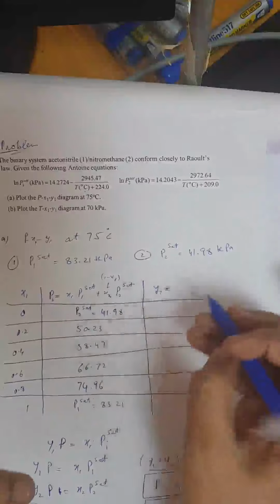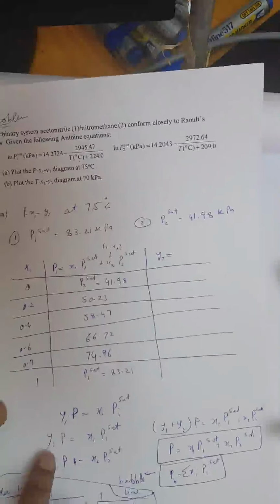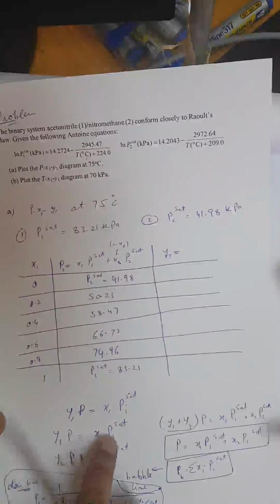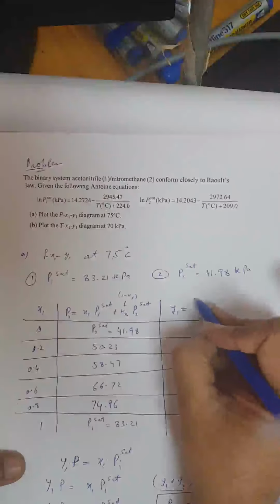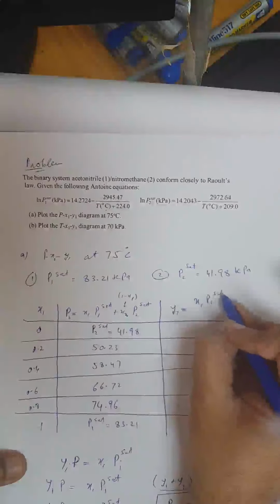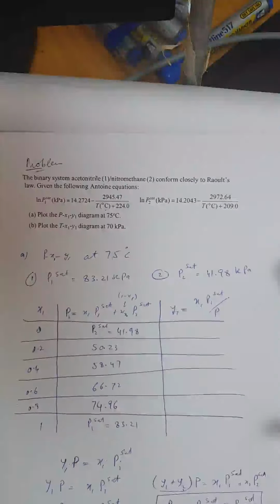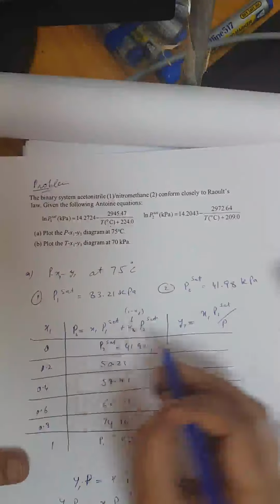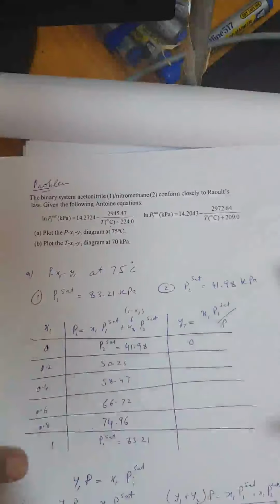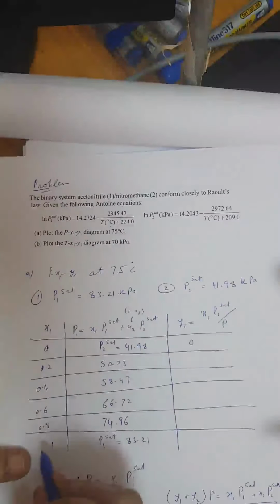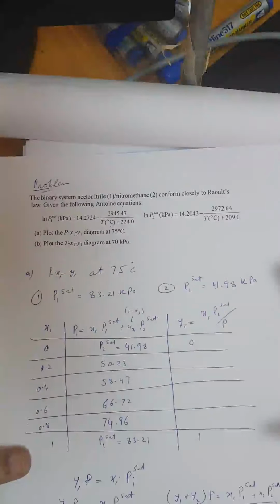Then y1. You already know the basic relation, y1 P equal to x1 P1 set. So you can easily calculate x1 P1 set over P. If x is 0, y will be 0, as x1 is 0. If x is 1, y will be 1.